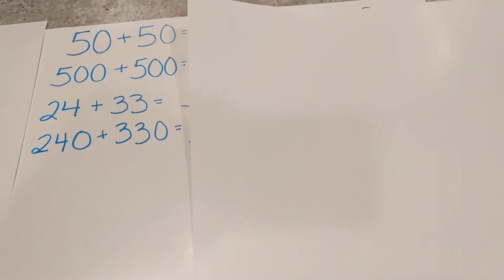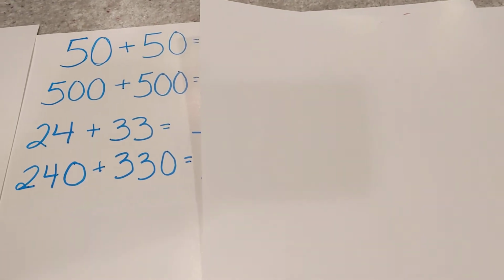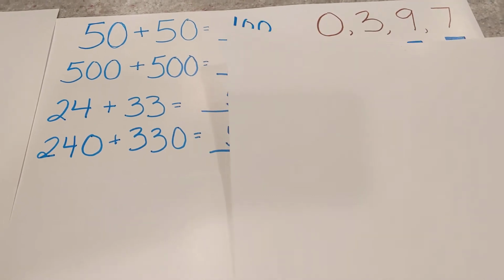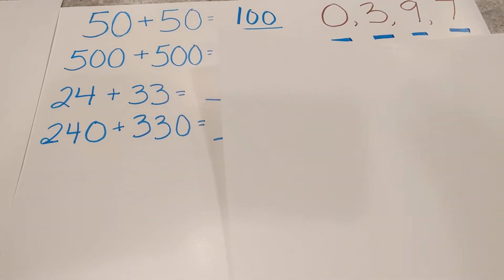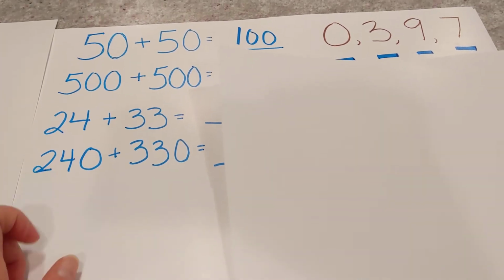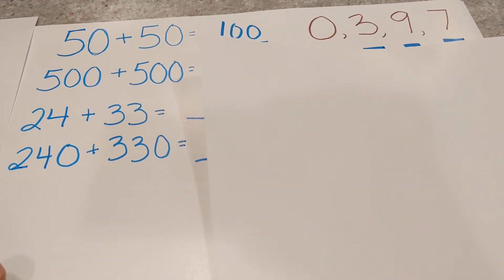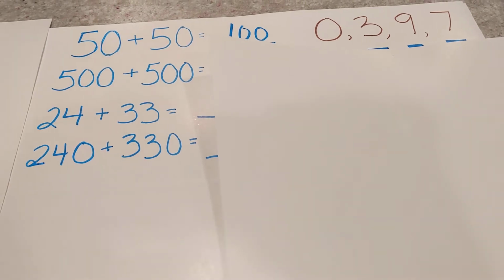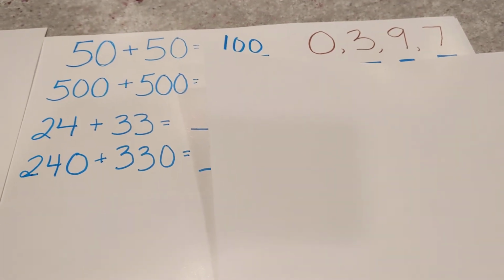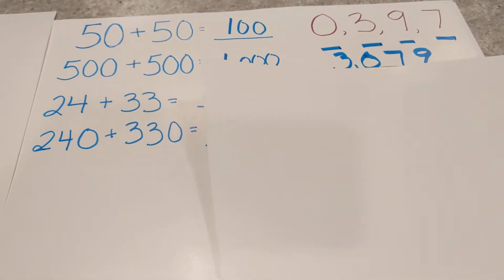There we go. So if I have 50 plus 50, we should know that right away, right? That's 100. 500 plus 500. We can think of that as 500s plus 500s would be 10 hundreds, or 1,000.